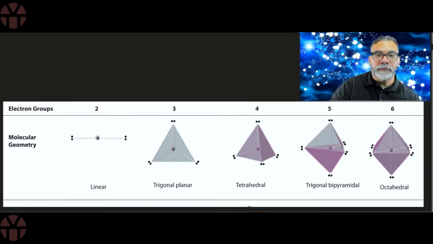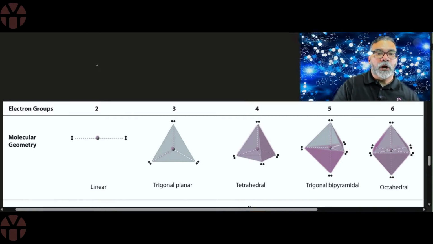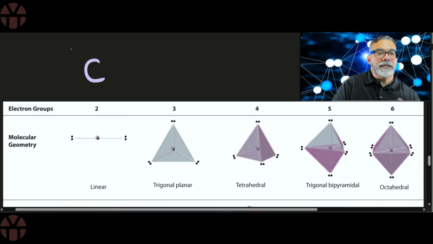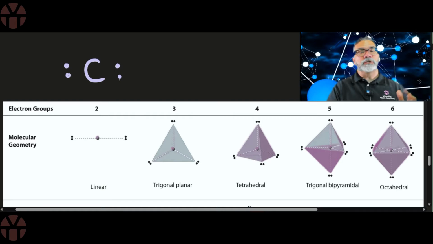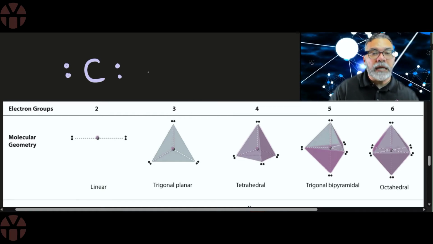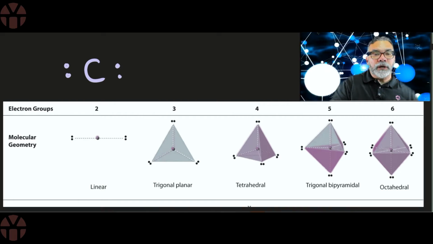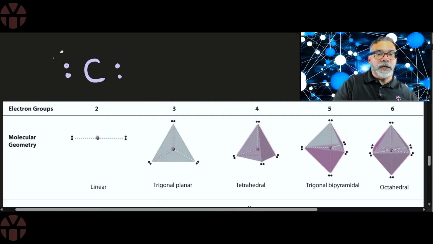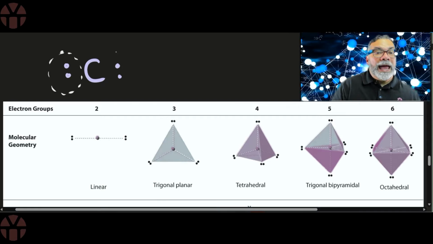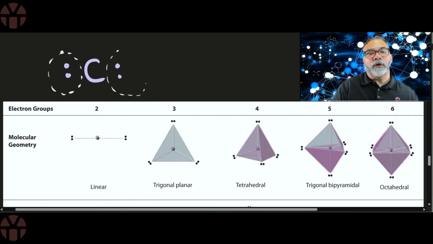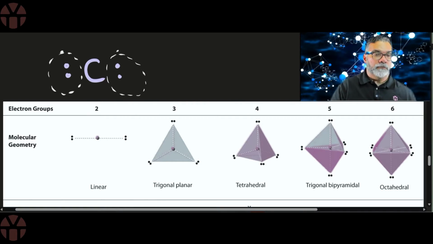So for example, if I come back over here to my linear and we go back to something like carbon dioxide, in the case of carbon dioxide, the carbon threw its electrons to the left and to the right, meaning that in theory, something could come over here and latch onto this side of the carbon, and just as likely something could have come over here and latched onto this side of the carbon.